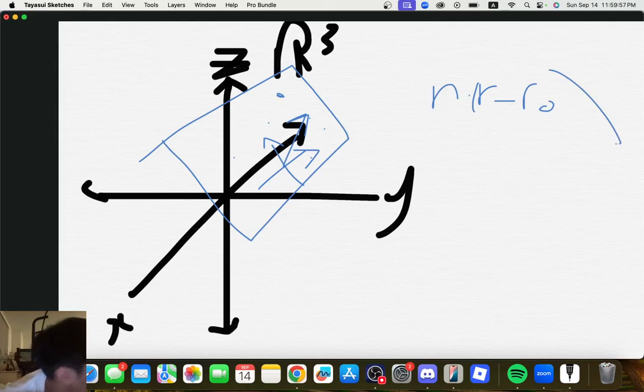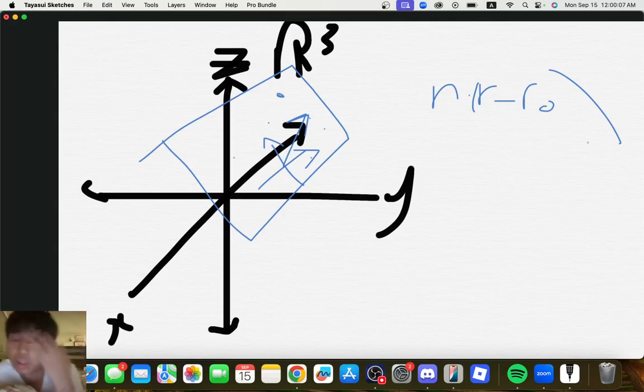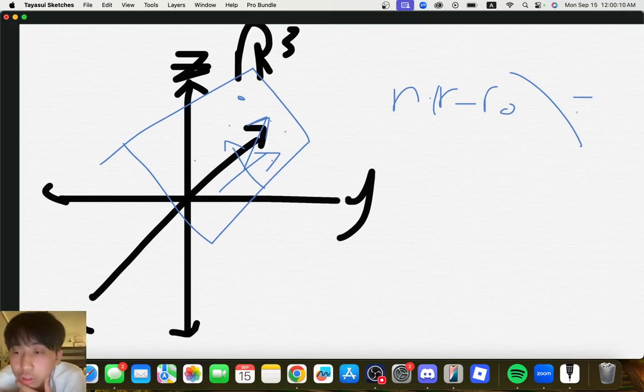They might just be the same, R and RO. Let me see. Alright, yeah, and that's equal to 0.